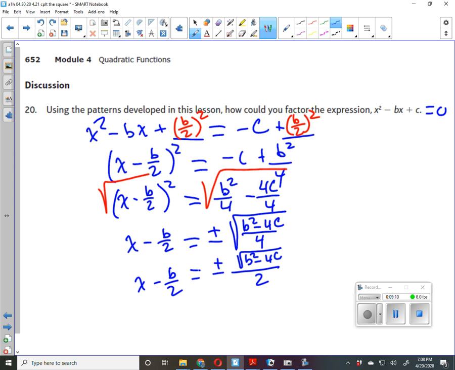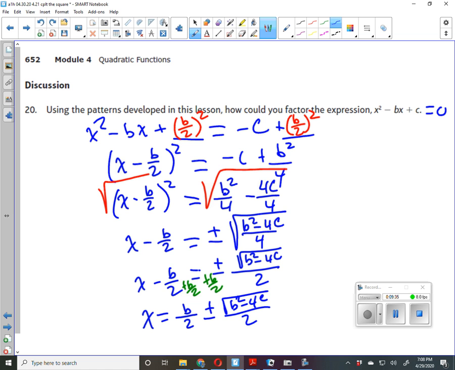And one more thing, we're going to go ahead and add plus b over 2 to both sides, and that gives me x is equal to b over 2 plus or minus the square root of b squared minus 4c all over 2.